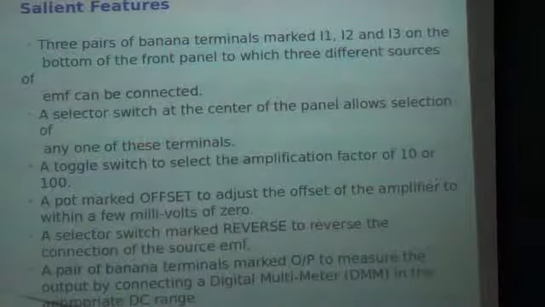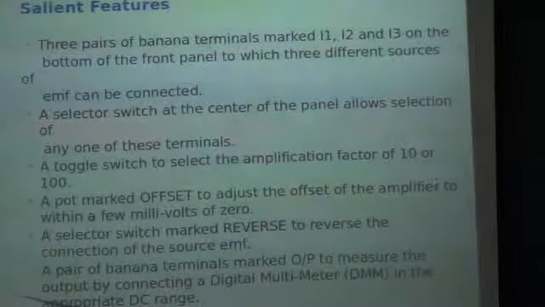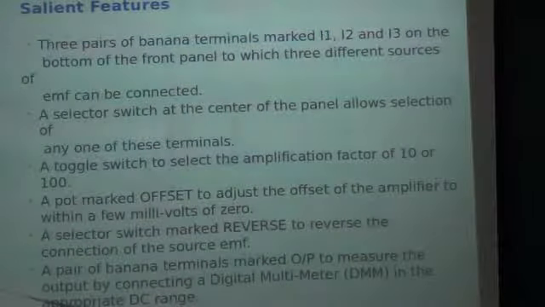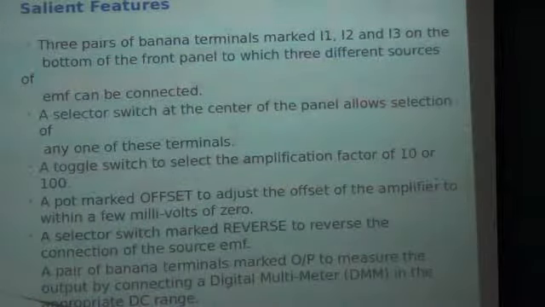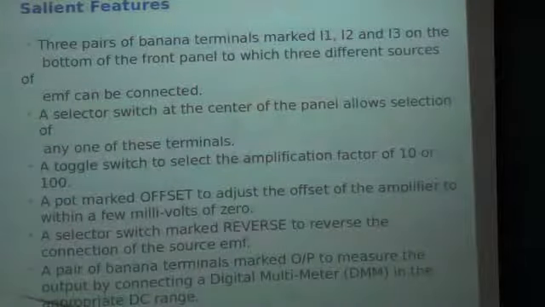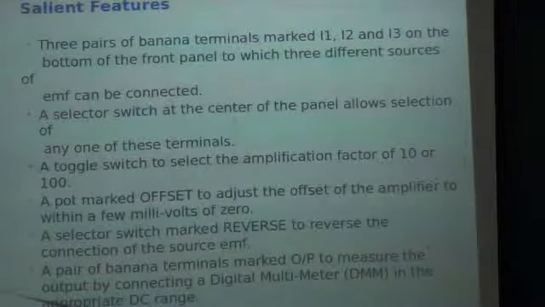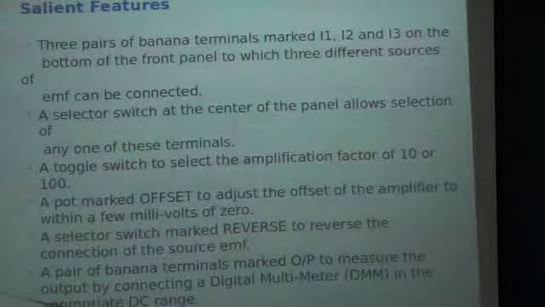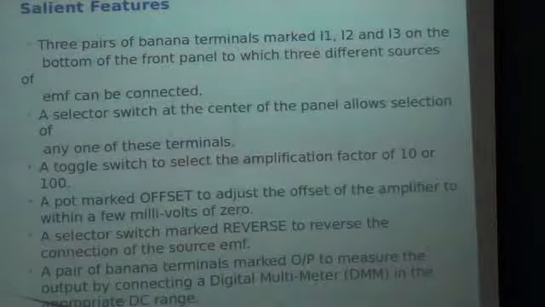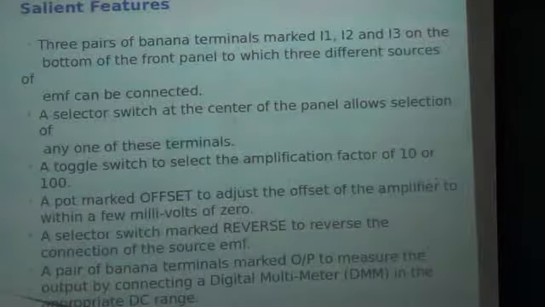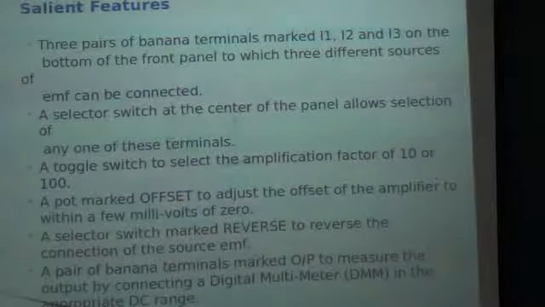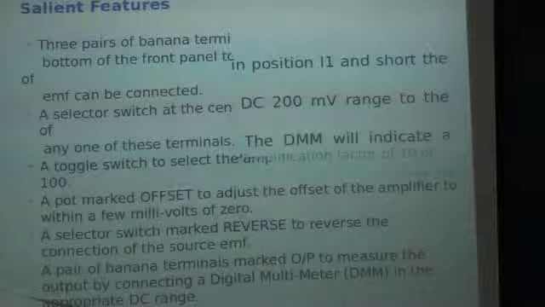A knob marked offset adjusts the offset of the amplifier to within a few millivolts of zero. A selector marked reverse reverses the connection of the source EMF. One way is to change the bias like this, but there is a switch that automatically changes the signal. A pair of banana terminals marked OP, that is output, is there to measure the output by connecting a digital multimeter in the appropriate DC voltage range.